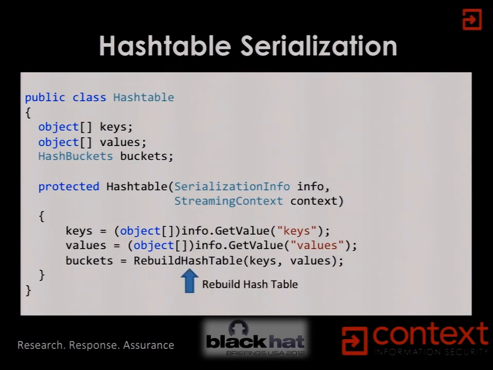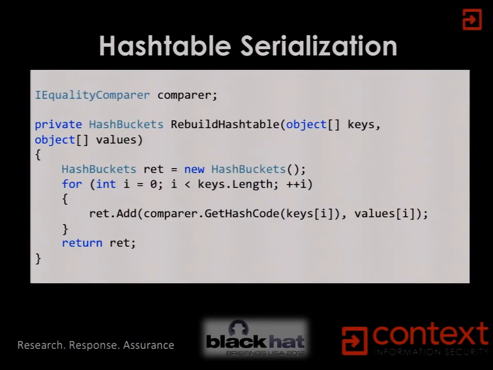So it calls a rebuild hash table function. And this uses a special object called an IEqualityComparer, or at least that's the interface which implements it. And this can be specified by code. You can pass it in the constructor and say, I want to use this special comparer as my mechanism to generate these hash values.